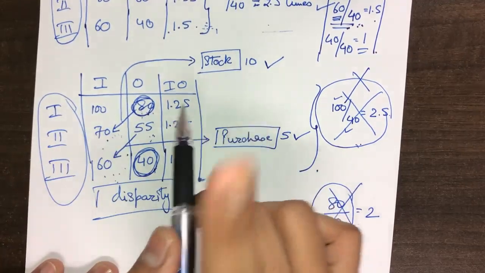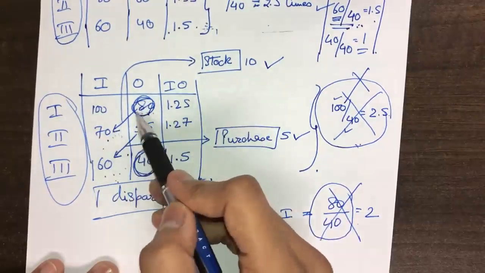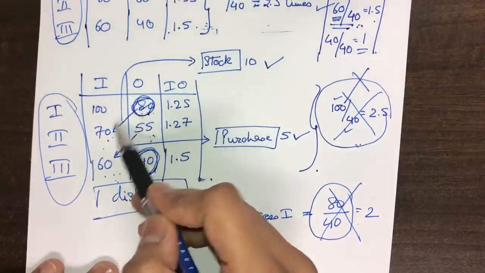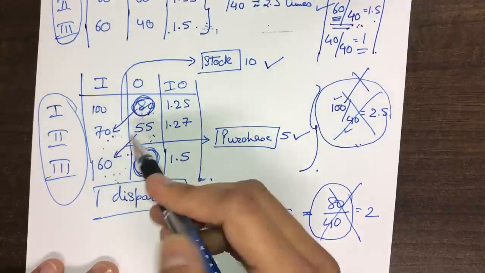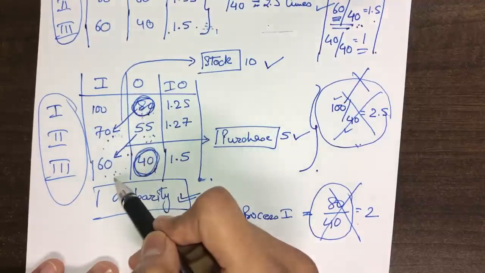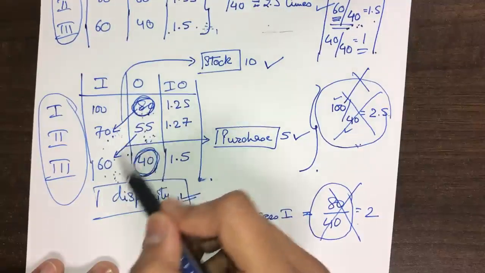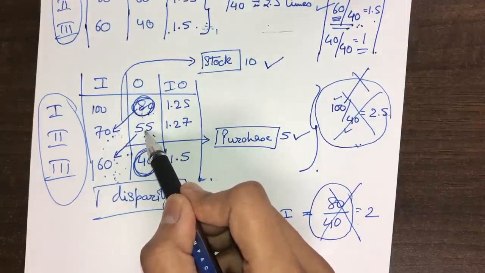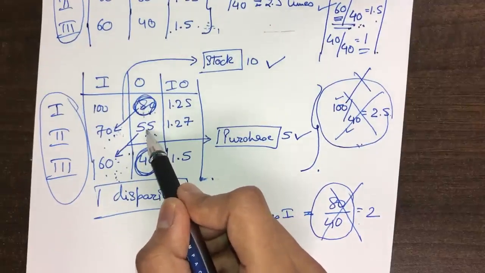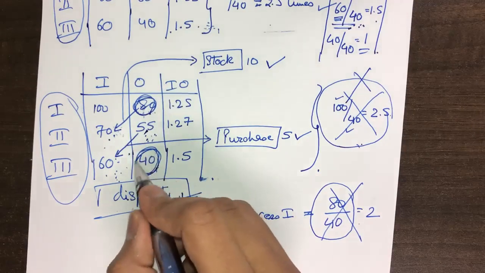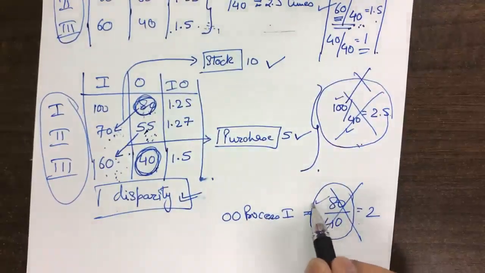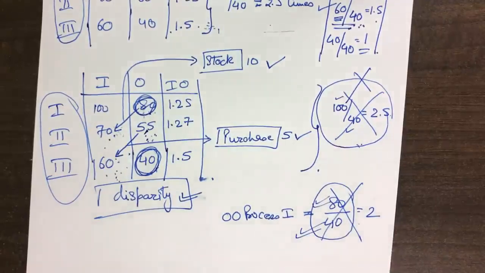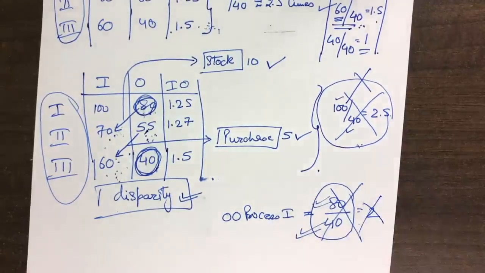The reason is that input has been saved in stock while process 1 output is transferred into process 2. Then certain input was also purchased from the market. 5 units were purchased from the market or were utilized from the opening stock to attain the 40 units of output. So you cannot say that 80 units of output of process 1 will give 40 units of output of process 2. No, the answer is incorrect.